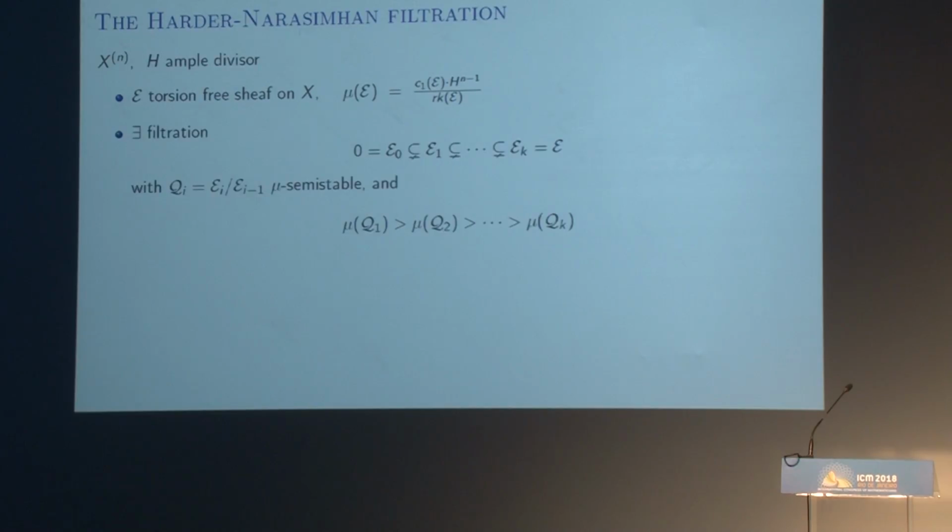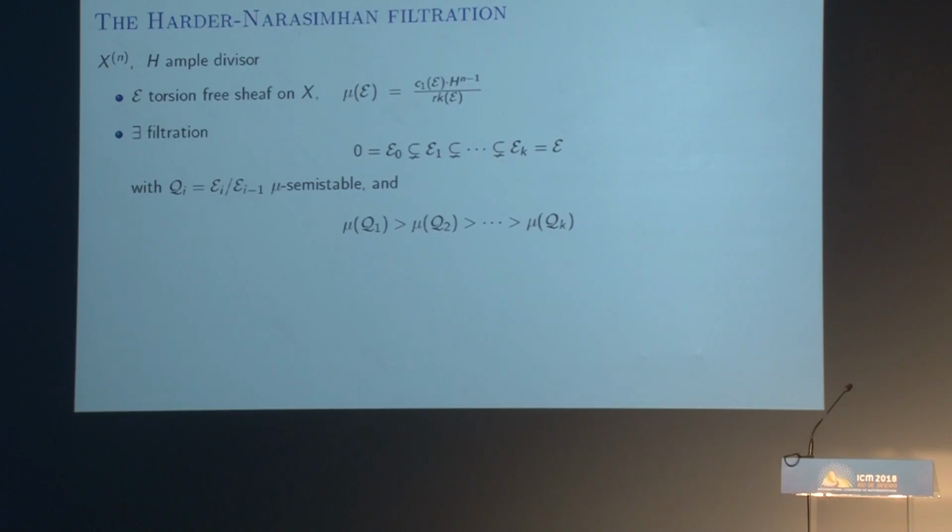And then we have the classical Harder-Narasimhan filtration. For any such sheaf E, you can find a filtration by subsheaves with the following property: the quotients are semi-stable and they have decreasing slope. This filtration is unique, and it has some very nice properties.